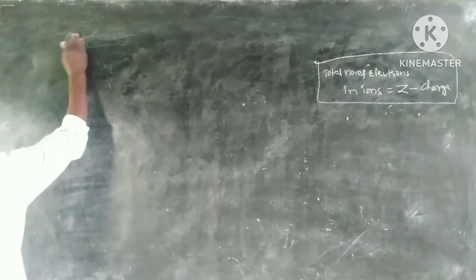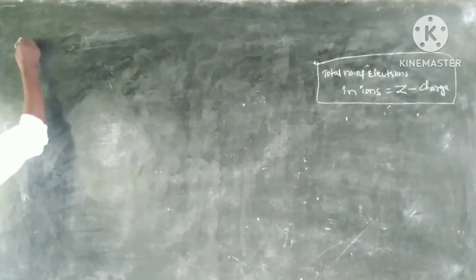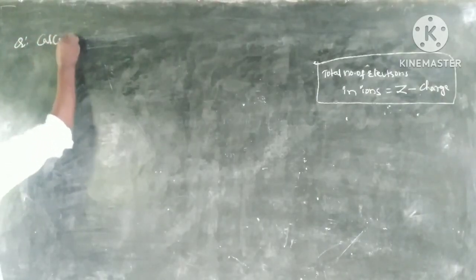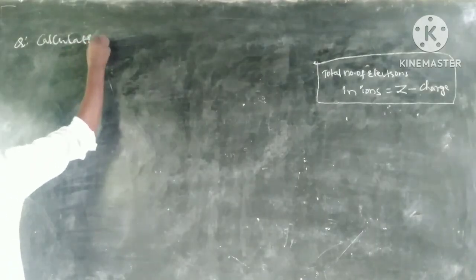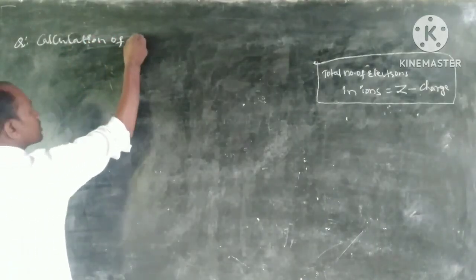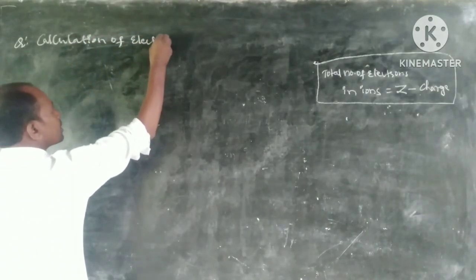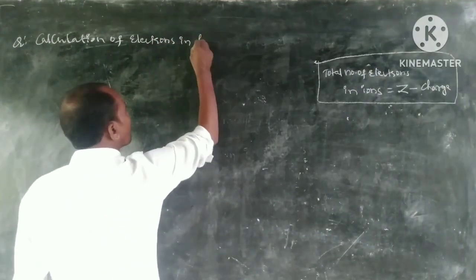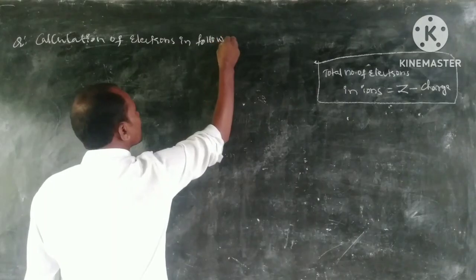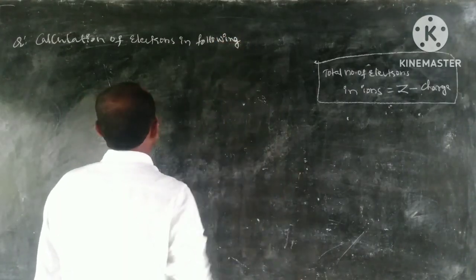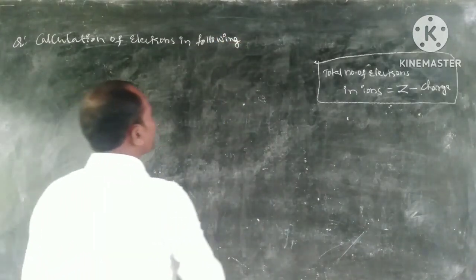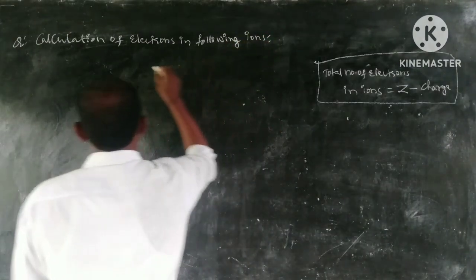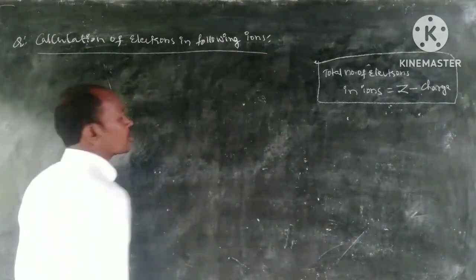First question: calculation of electrons in the following ions.